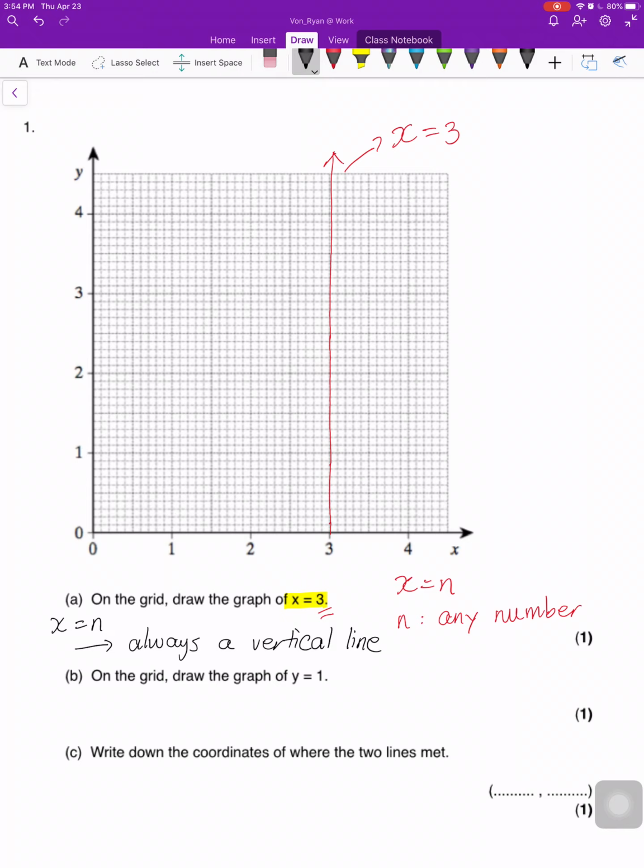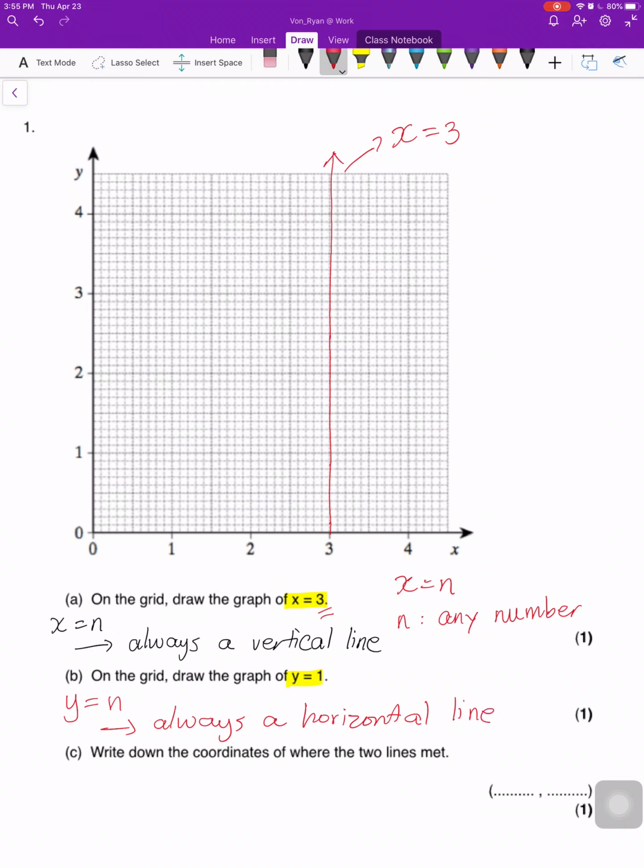Now for the next example, we have on the grid, draw the graph of y equals 1. In this case, we say that for any other values of x, y is always equal to positive 1. So if x equals n is always a vertical line, y equals n is always a horizontal line.